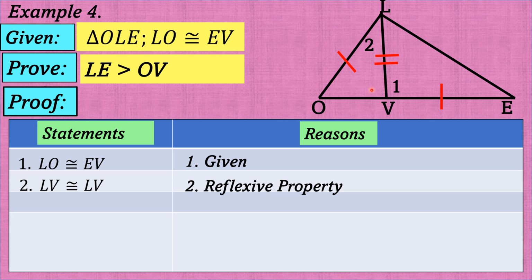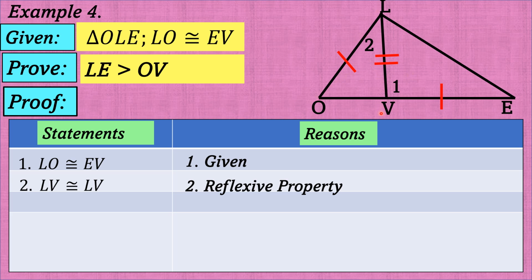Since ang kailangan nating i-prove ay si side LE is greater than side OV, makikita natin na ang side LE ay nasa kabilang side at si side OV naman ay nasa kabilang angle naman. So, tingnan natin kung aling angle ang mas greater. So, it shows here that the measure of angle 1 is greater than the measure of angle 2. Ipinapakita din dito that angle 1 is an exterior angle of triangle OLV.